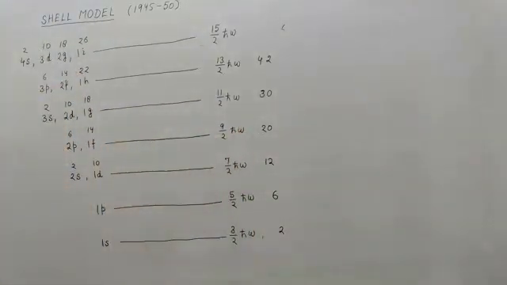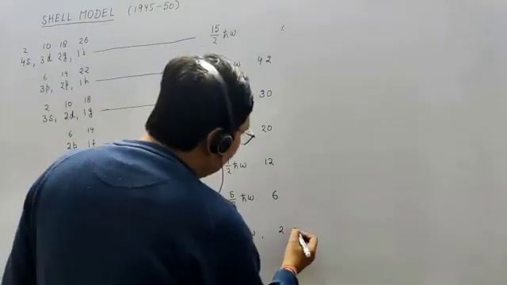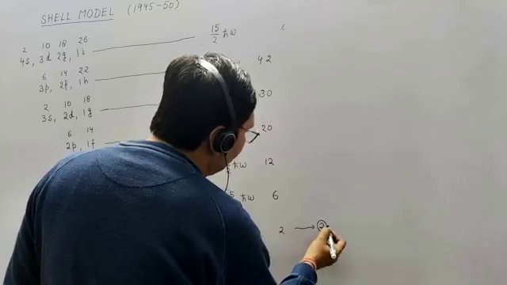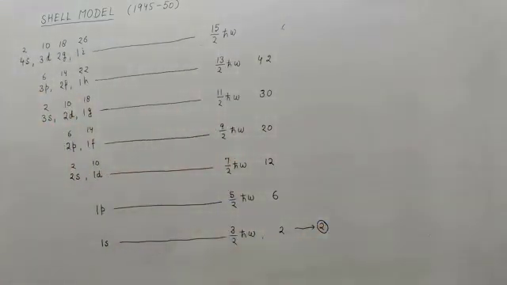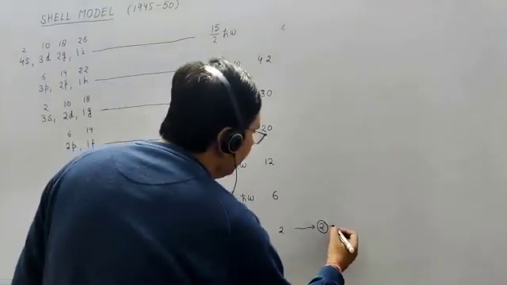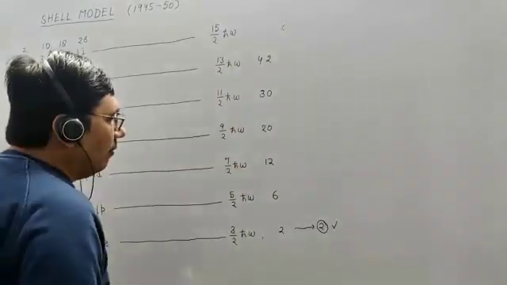The first level will be completed when the number of protons or neutrons is equal to 2. So this number is 2, and this is a magic number. This is the first magic number we have obtained.